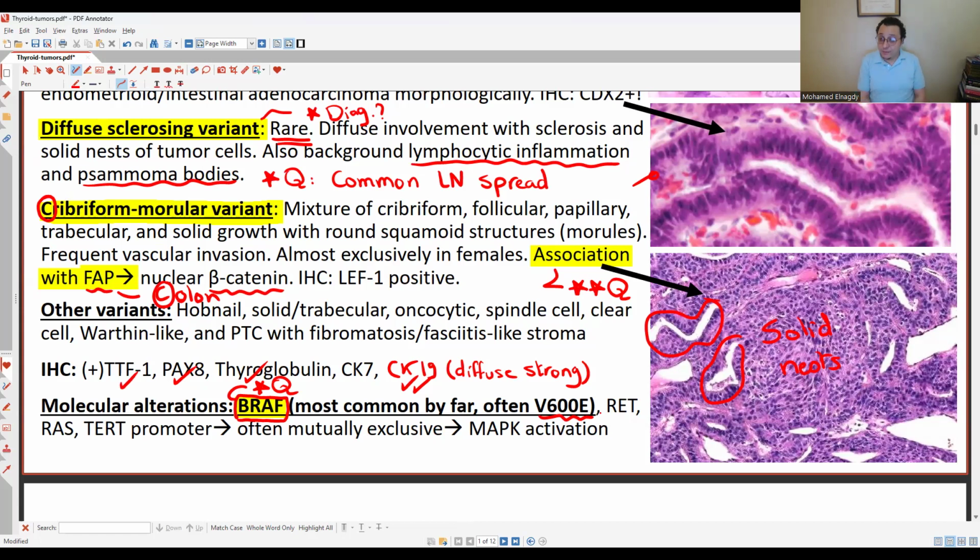Well, hairy cell leukemia, good job. Hairy cell leukemia, I agree. And something like some kind of a polyp. Anybody know?